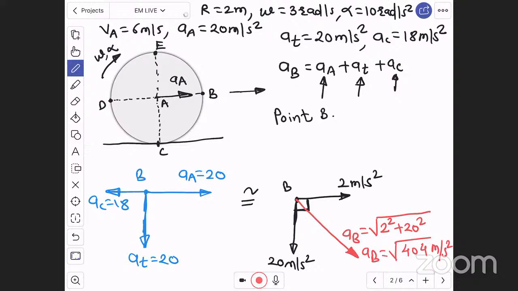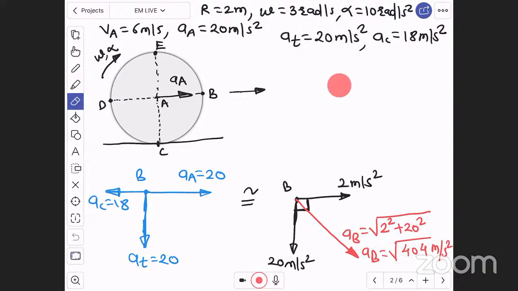Okay, if no doubt, let us go for acceleration of C. If no doubt, we will jump to find acceleration of point C, right? Now my dear students, no doubt? Okay, let us jump on to finding acceleration of point C.